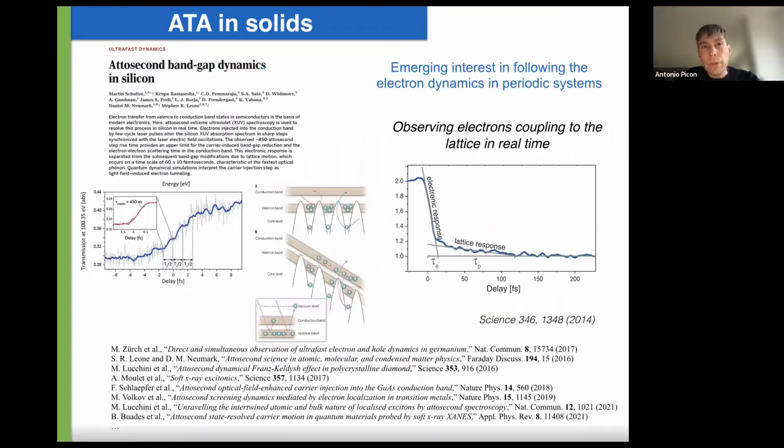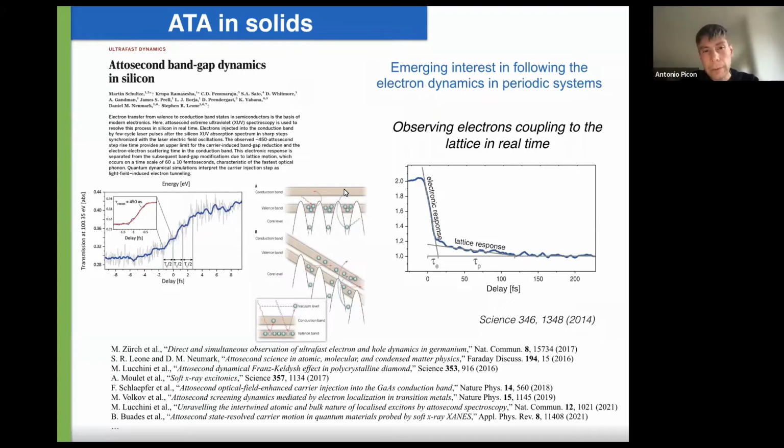So let's continue. ATA has already been implemented in several applications to study solids. Here, for example, you have a paper of 2014 in silicon. Silicon is an insulator with a big band gap. So what they do is to go with a very intense laser, so they bend the lattice a lot, and they're able to promote electrons into the conduction band.